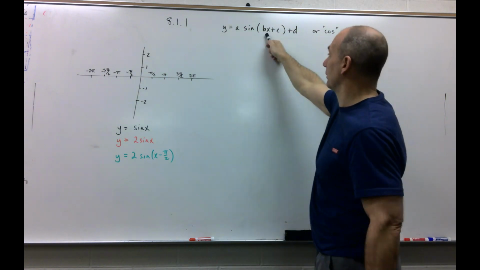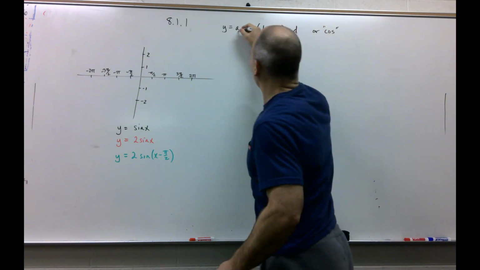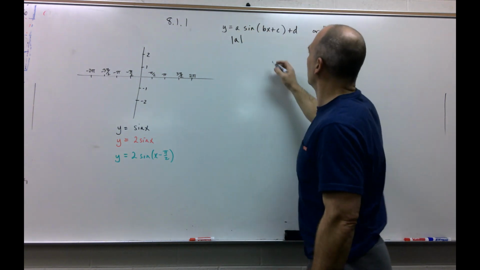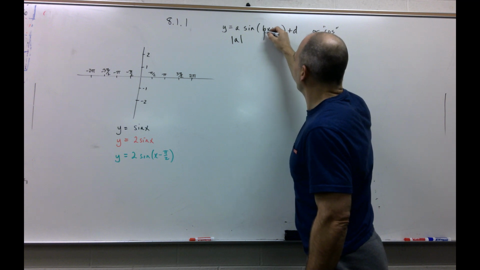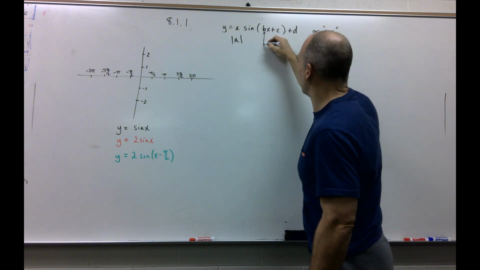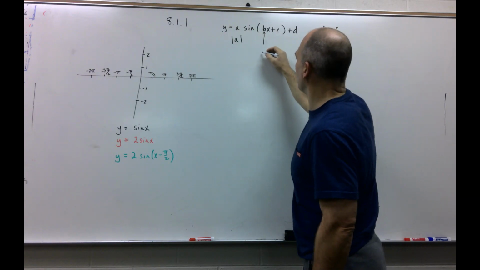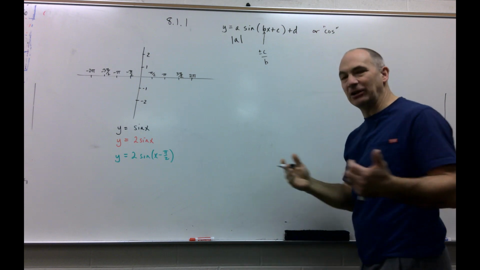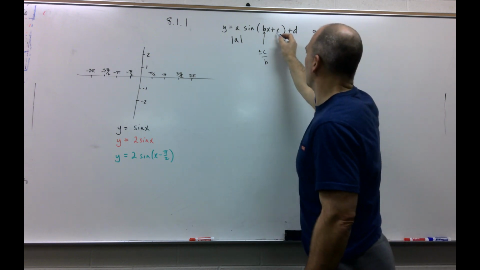This is the review. So we know that from A, we got the amplitude is absolute value of A. If B is something other than 1, then we're going to need the formula plus or minus C over B to determine phase shift. You can see your C's right here.